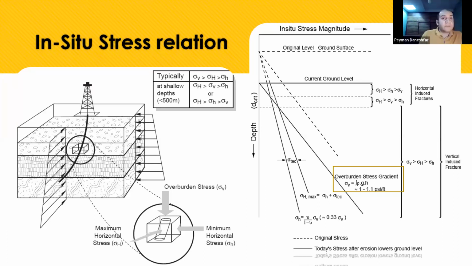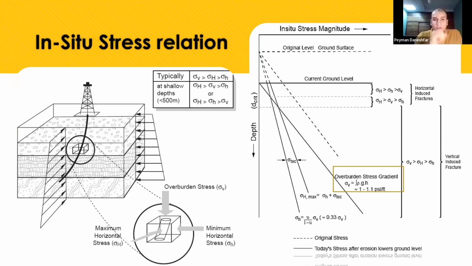But after 500 meters, it will be different. Our vertical overburden stresses will be greater than the horizontal stresses. Keep this table in your mind as you see here.